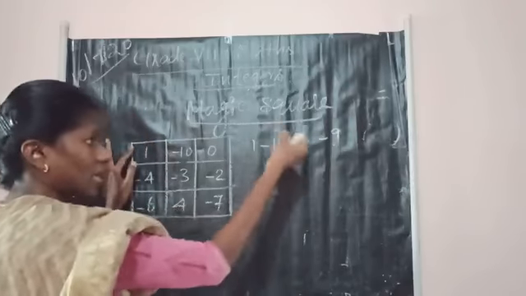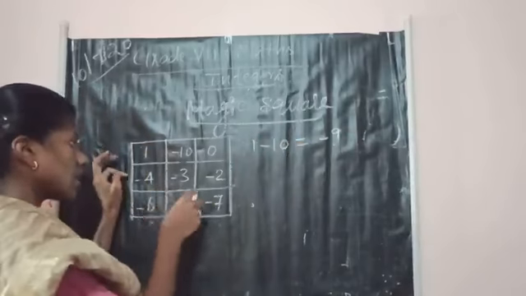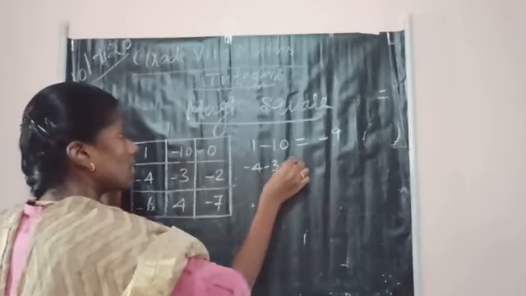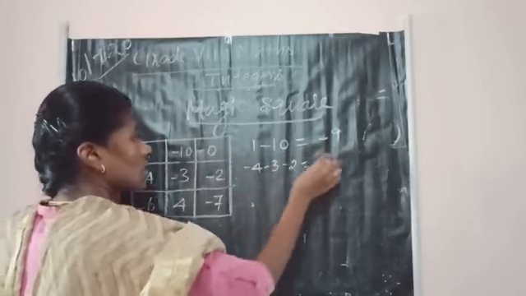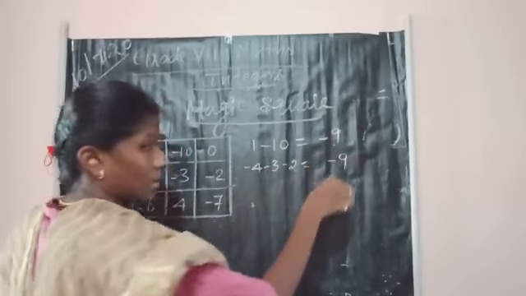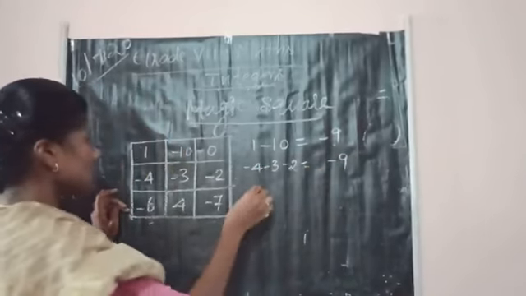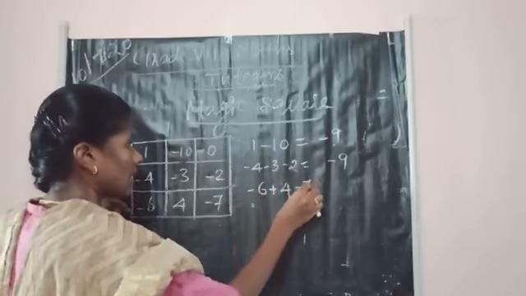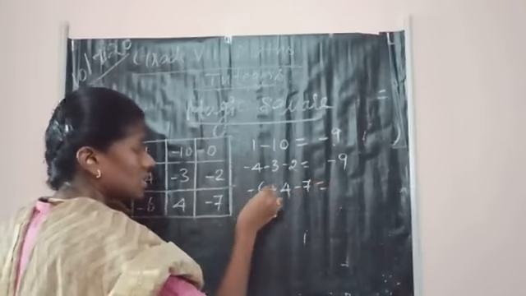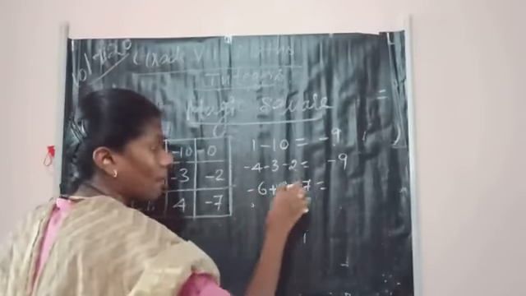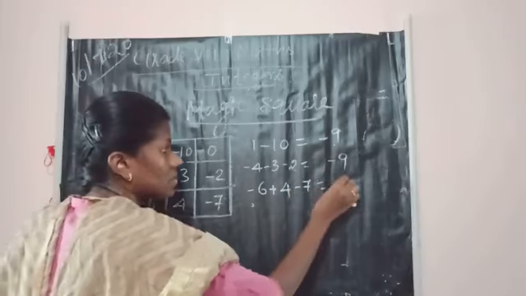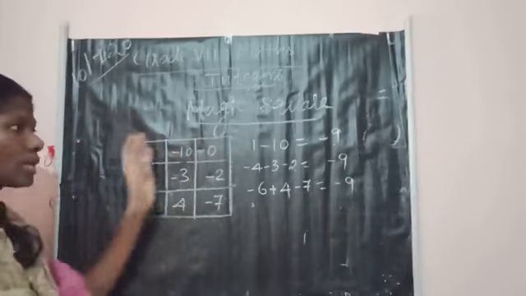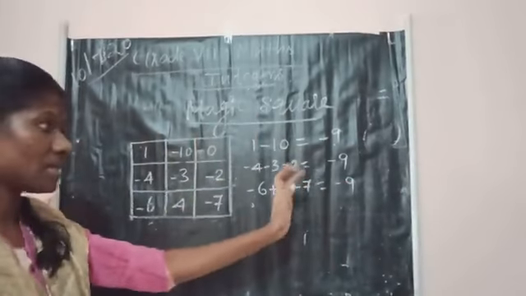The second row is minus 4, minus 3, and minus 2, that is minus 9. The third is minus 6 plus 4 and minus 7. Minus 6 plus 4 is minus 2, and minus 2 minus 7 is minus 9. So when you add these rows, you get the same value, minus 9.